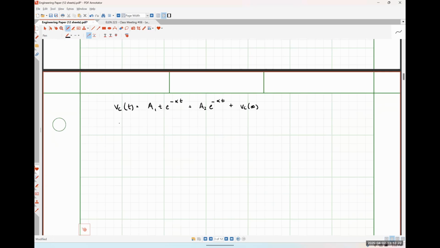And at 0, my whole first term goes away because A1 times 0 is just 0. So I'm going to be left with A2 e to the 0, which is 1, plus VC at infinity. So my coefficient A2 is just VC at 0 minus VC at infinity, which is negative 12 volts. Because 0 minus positive 12 is negative 12 the last time I checked. Good. One coefficient down.